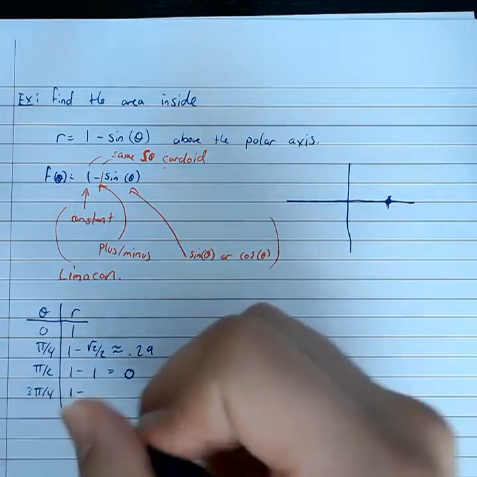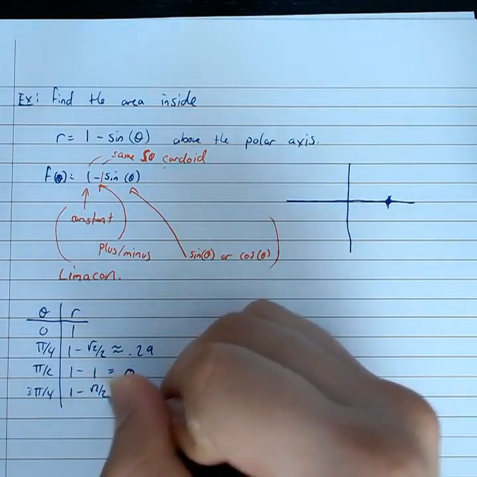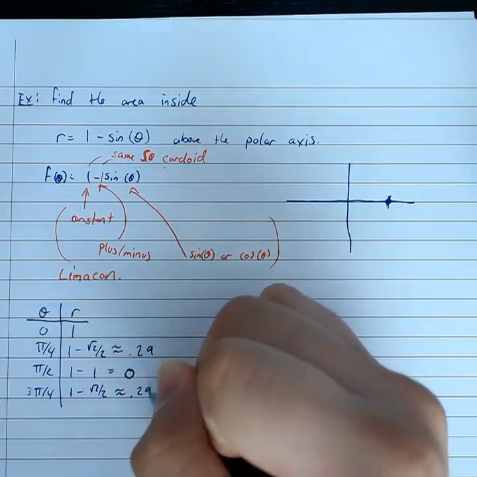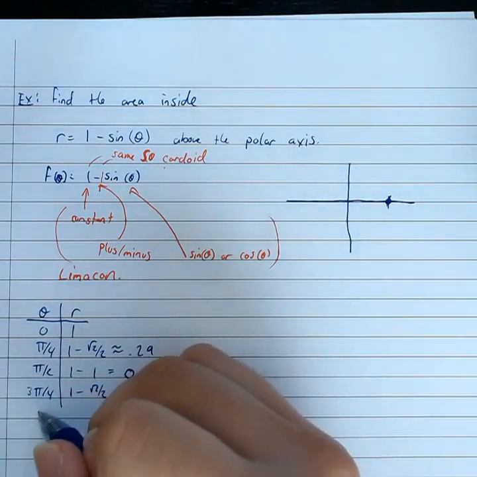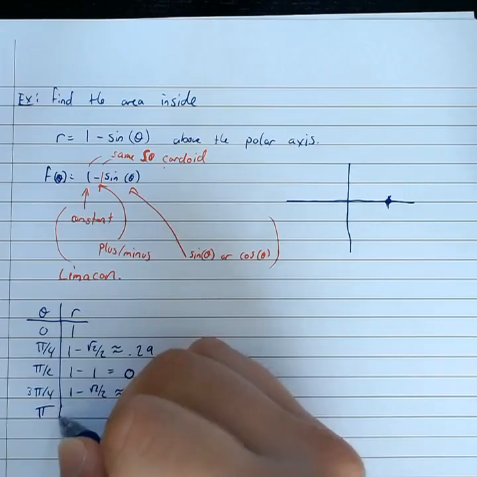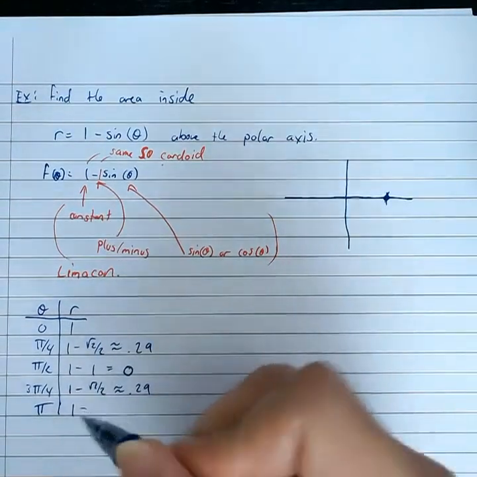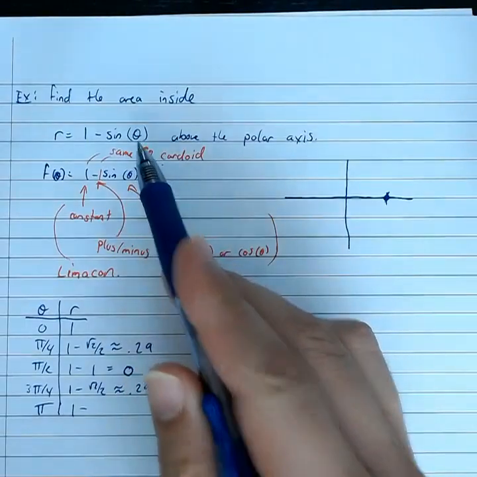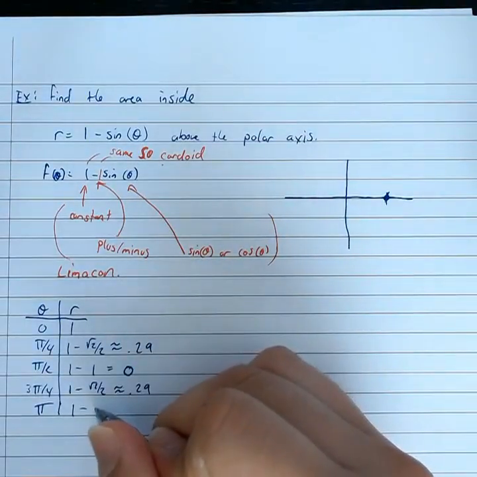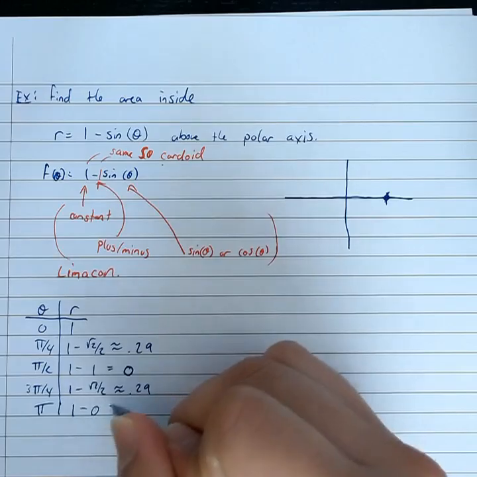And the sine of 3 pi over 4 is also root 2 over 2. So that's about 0.29. And finally, and you notice why I say finally, because if we go all the way to pi, this would be 1 minus the sine of pi, or in other words, 1 minus 0, which is just 1.